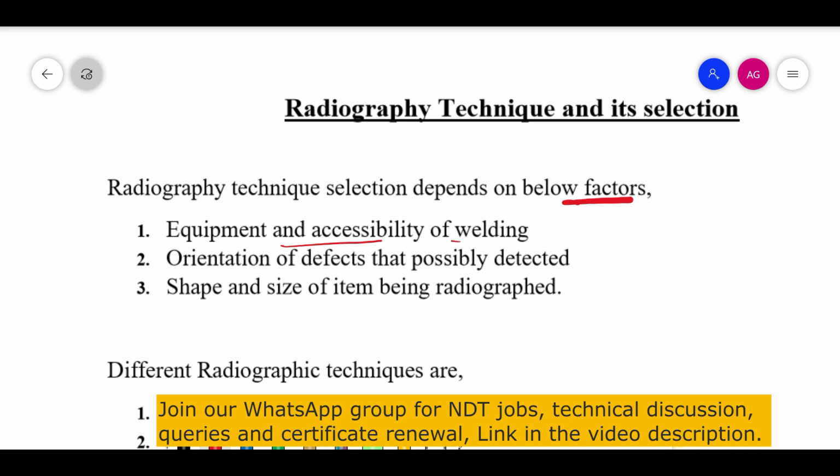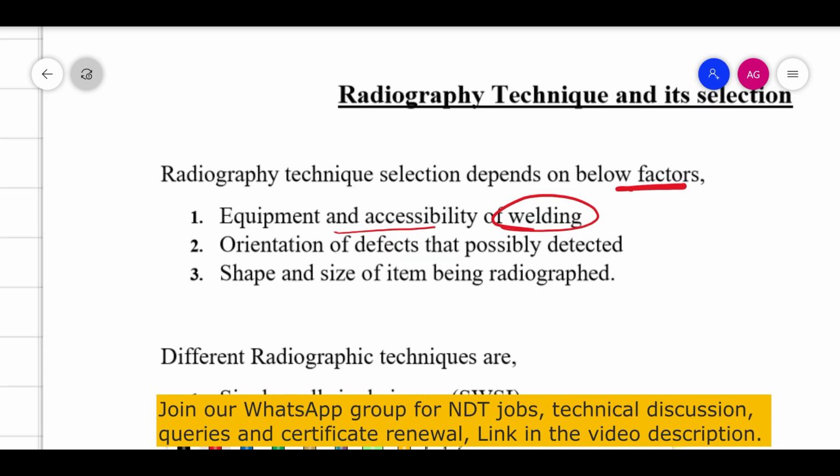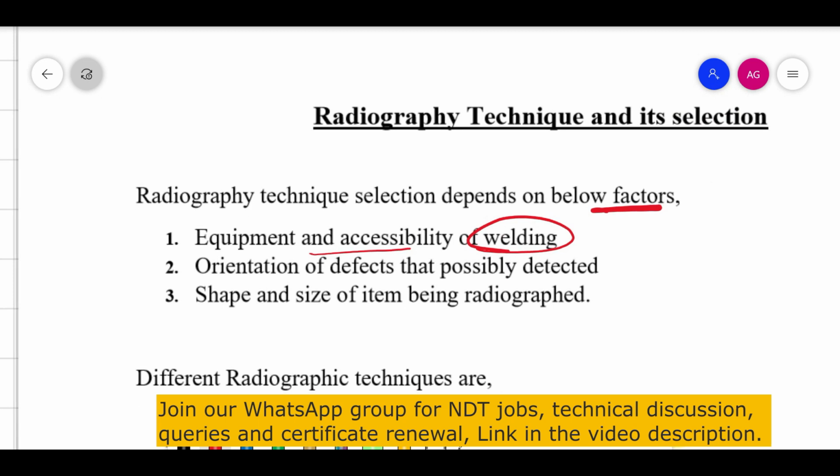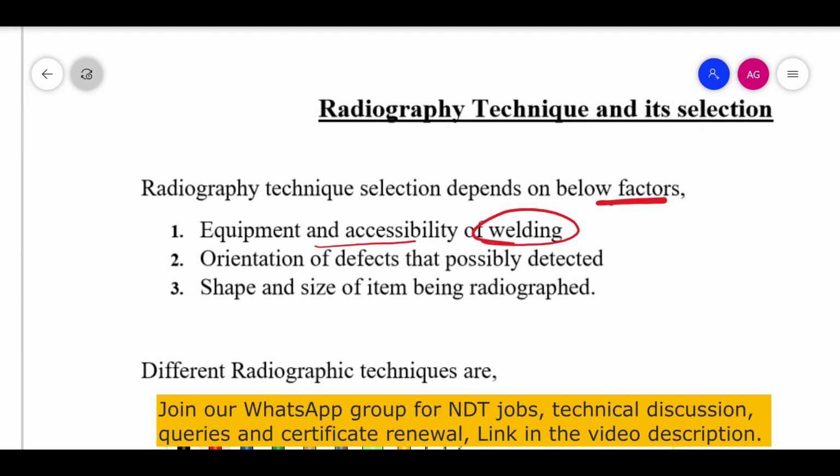If you are going to check the welding, it is the equipment and accessibility of radiography, whether you are using X-ray or gamma ray, and the accessibility of the weld, which is an important factor on which the radiography technique depends.